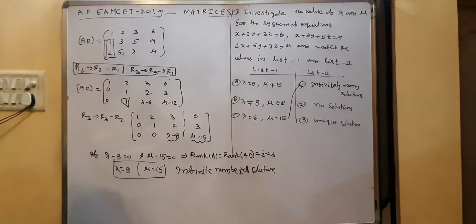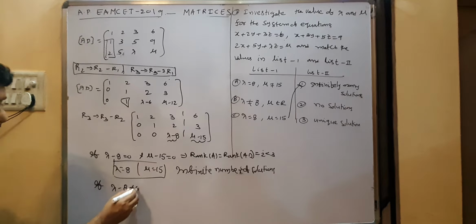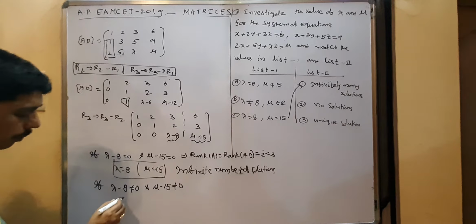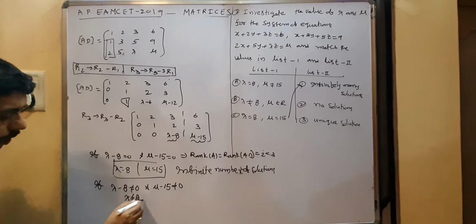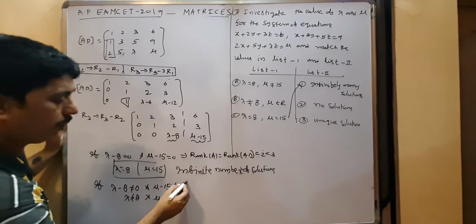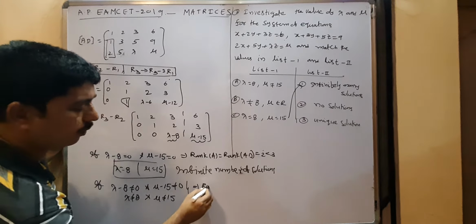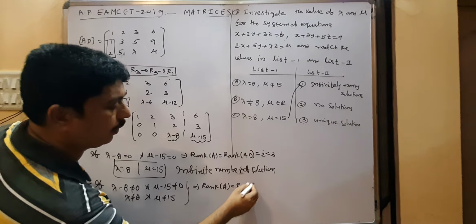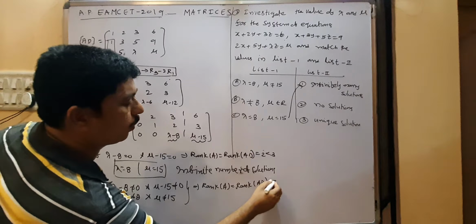See how the first matching goes. Next, if lambda minus 8 not equal to 0, that means lambda is not equal to 8, then rank of A equal to rank of AD equal to 3.